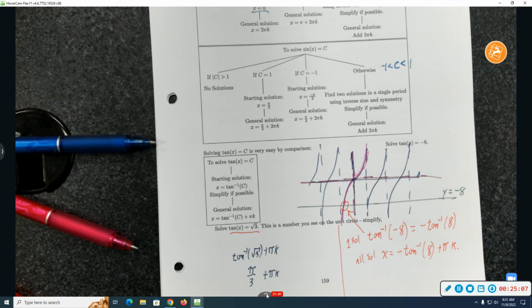Compute that y value divided by the x value. So what do you get?